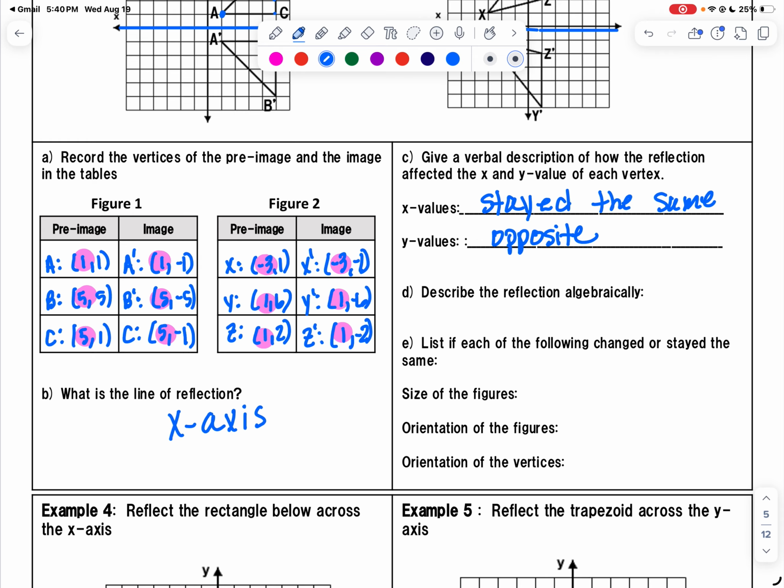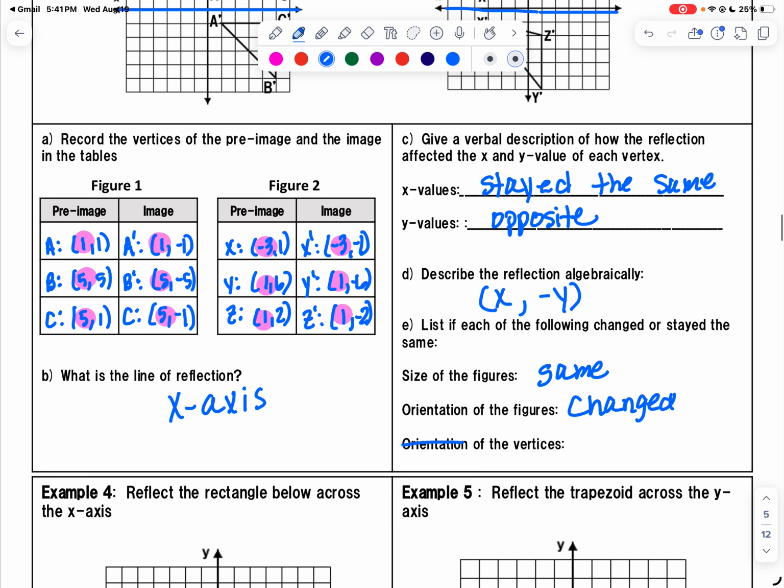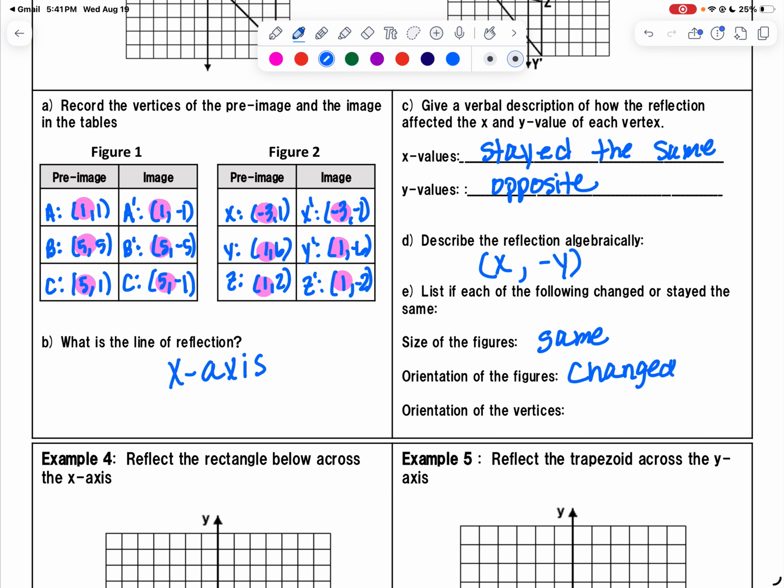So the way we write that reflection rule algebraically, if the x stayed the same, you just write a plain old x. If the y changed to the opposite, you write opposite y. Remember, that does not mean negative y. It means opposite y. So the size stayed the same. The orientation of the vertices also changed.